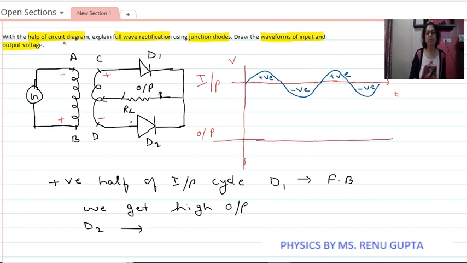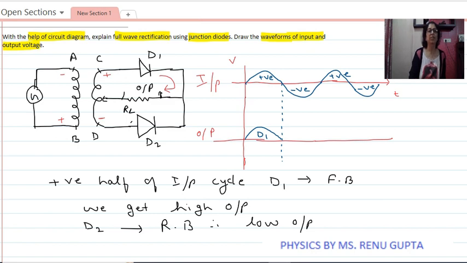D2 is reverse biased, therefore low output, but we get high output from D1. So the current will flow from diode D1 in this direction and we will get high output for the positive half of input. So this is high output from D1.